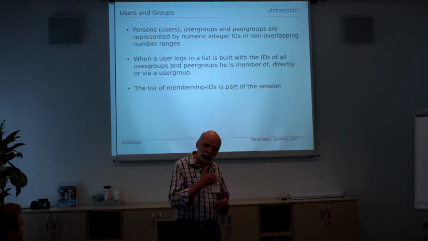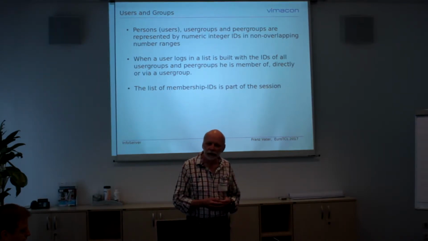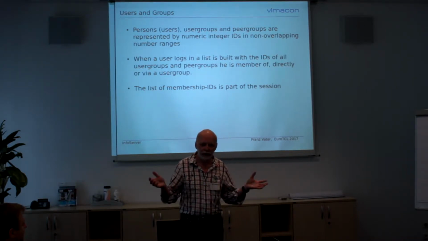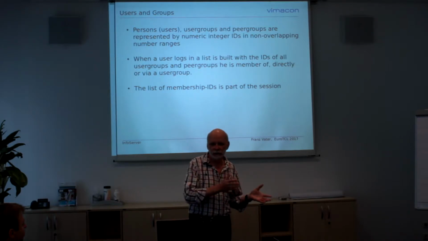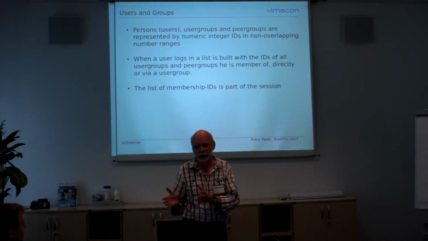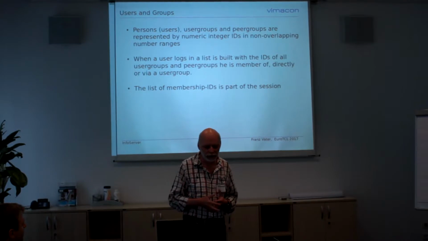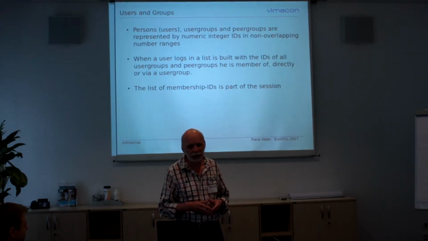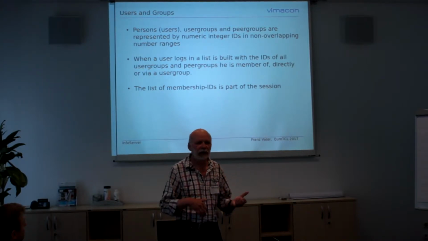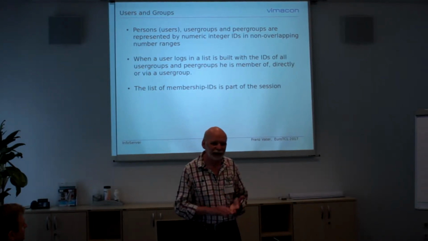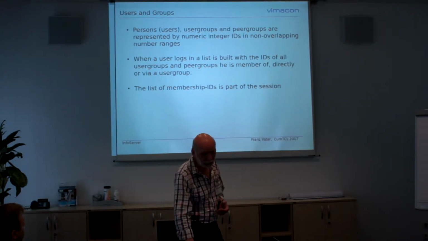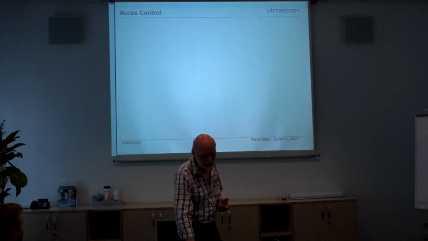When the user logs in, then internally a list is built with all the memberships, the direct memberships in user groups as well as the indirect memberships in peer groups. And this membership ID list is part of the session. That means the server knows exactly where you are, of course, and to which groups you belong, because the groups give you, of course, the access rights.